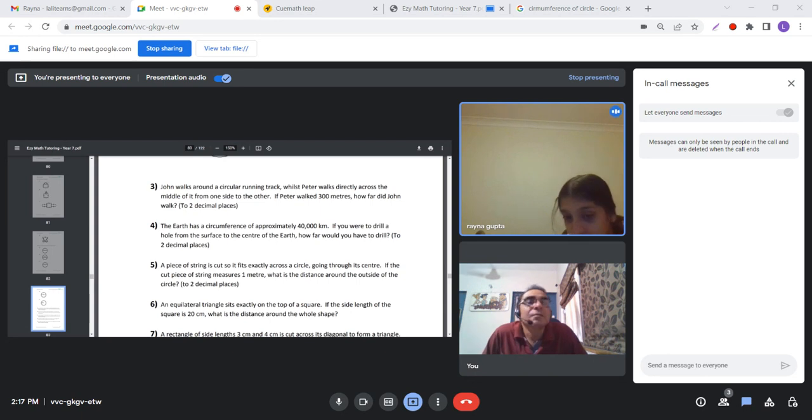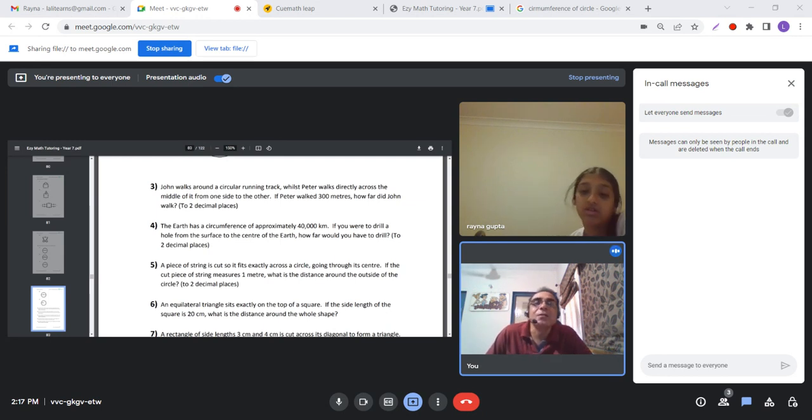It is going to be pi d, that is 3.14 times 1. We are taking 1 meter as a diameter. 3.14 multiplied by 1 is how much? 3.14 is going to be its circumference.